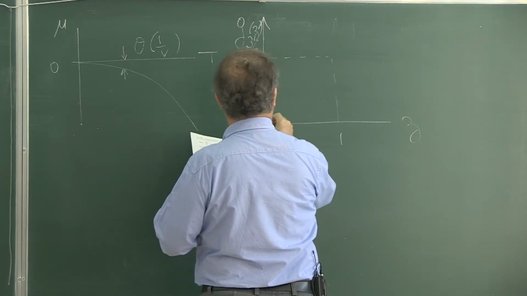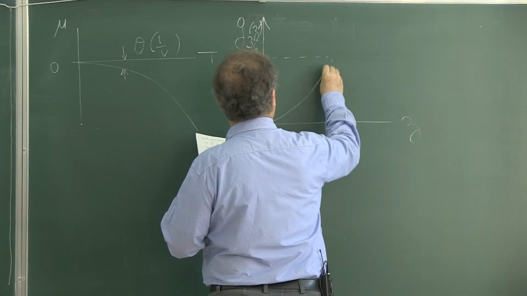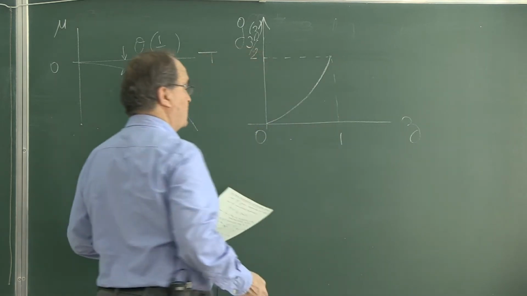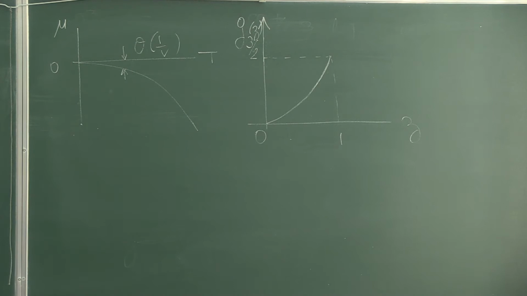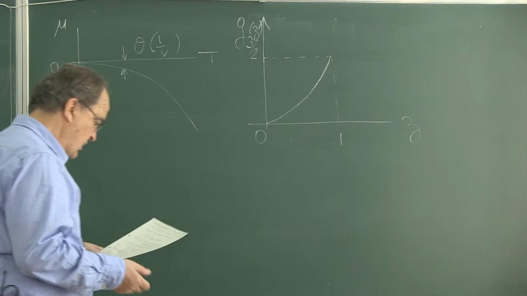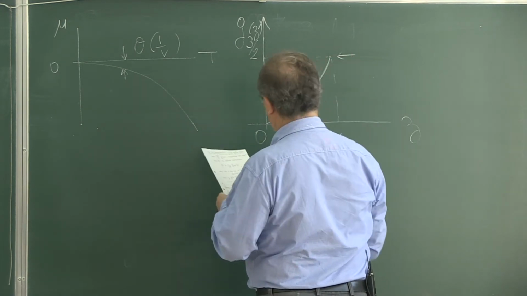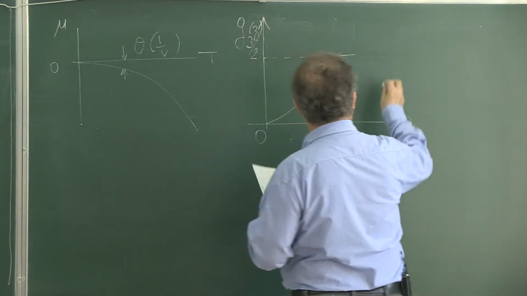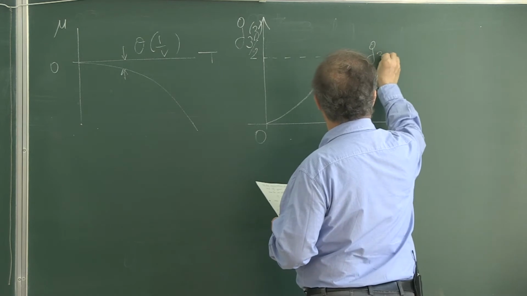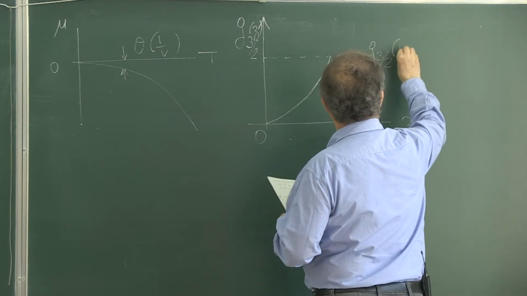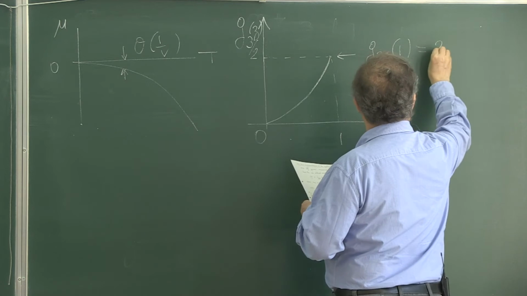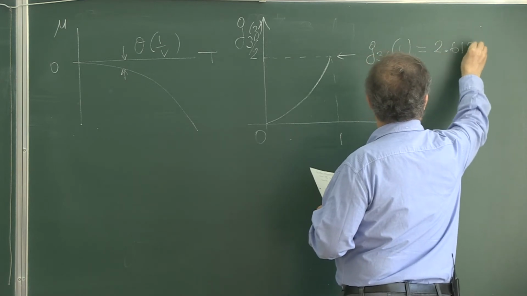It is continuous and it has a bound at z equals 1. It has a specific value. This value, when z equals 1, that means g 3/2 of 1, is 2.612.